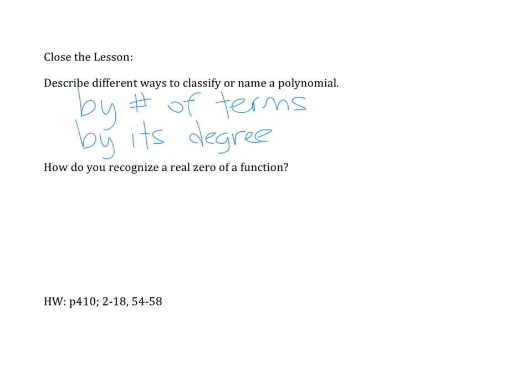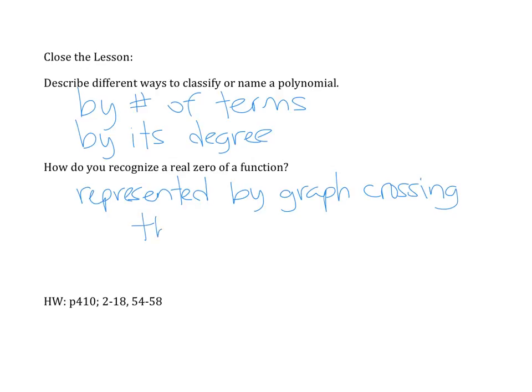How do you recognize a real zero of a function? It's represented by the graph crossing the x-axis.